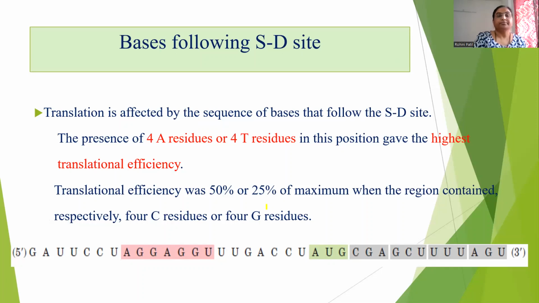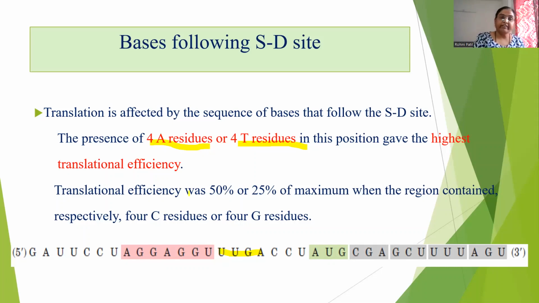Here is the SD sequence, and these are the bases, UUGACCU. After the SD sequence, if there is a presence of 4 A residues or 4 T residues, then the translation efficiency is the highest.